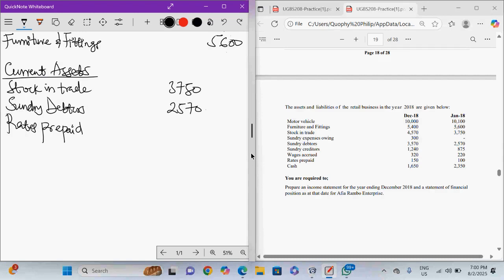Rates prepaid is 100. What other assets? Cash. How much is the cash? 3,350. So what else? That is it.